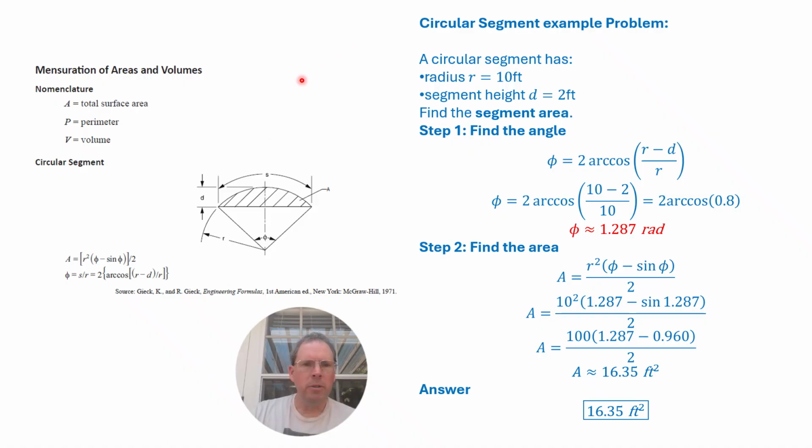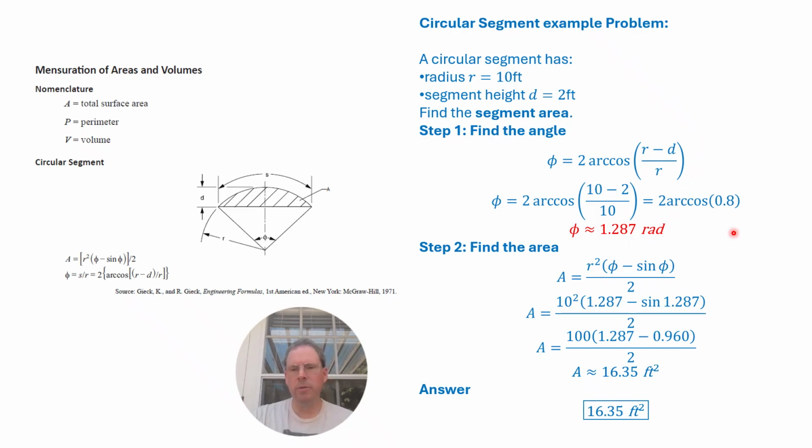So let's go ahead and use this circular segment example. A circular segment has a radius of 10 feet and a segment height of 2 feet. Find the segment area. Step 1, find the angle. And we'll just use that equation down here. We have all the terms, the radius and the segment height.